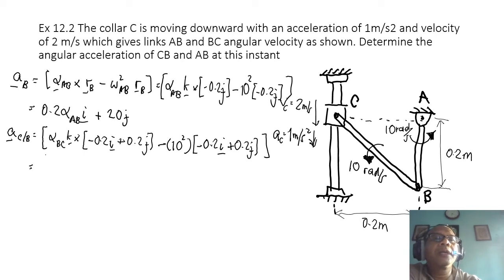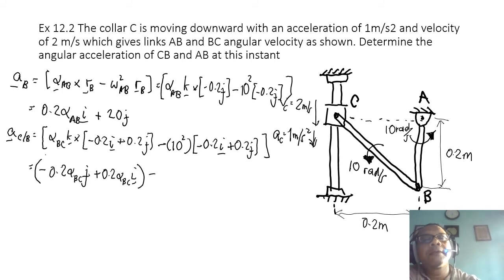So K cross I is J, so minus 0.2 alpha BC J. K cross J is minus I, so plus 0.2 alpha BC I. Minus 100 times minus 0.2I gives plus 20I, and minus 100 times 0.2J gives minus 20J.